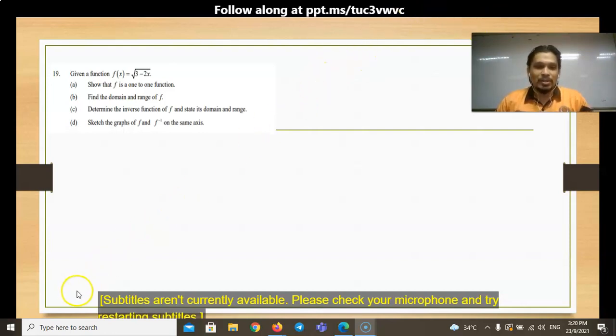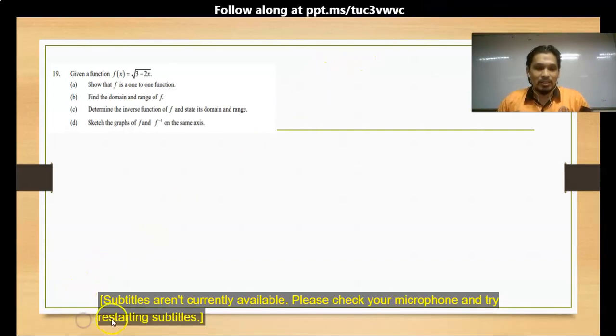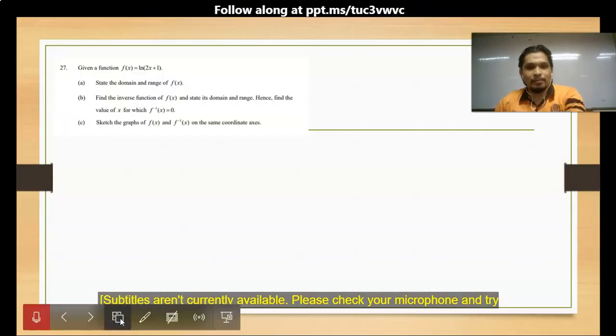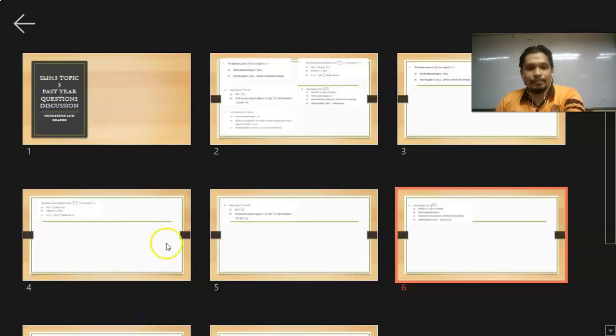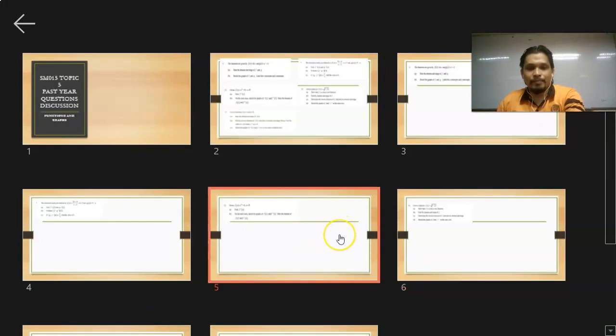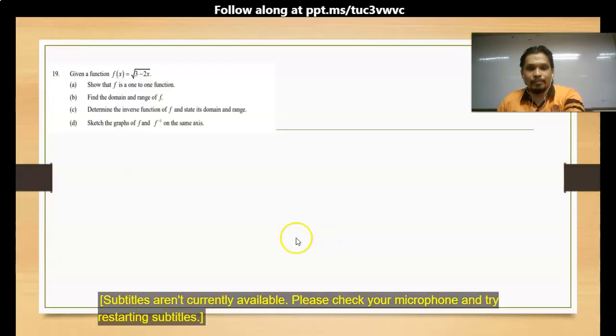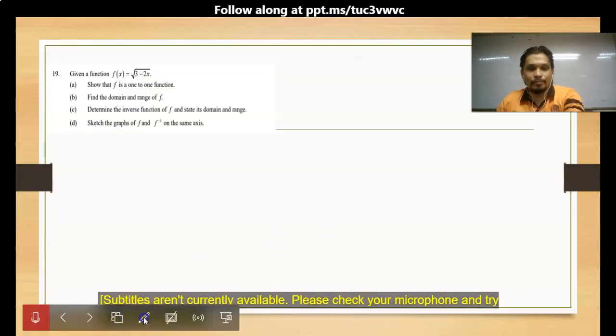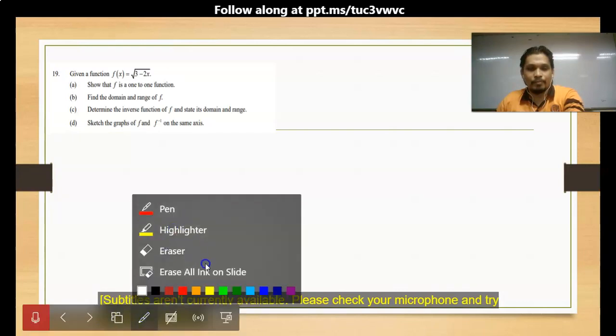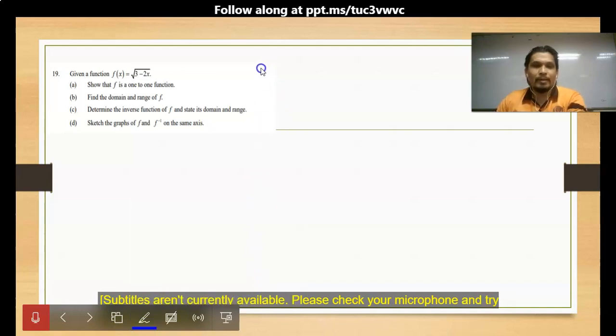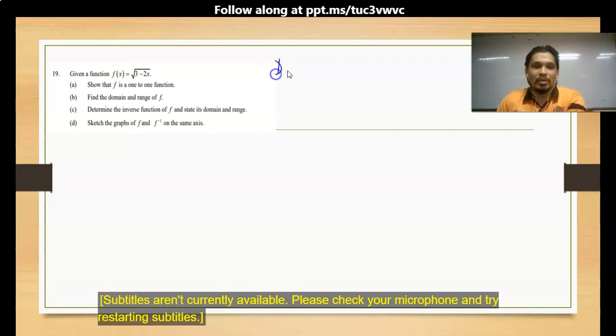Okay, for this one here, if I'm not mistaken, we agreed just now that the domain of this function f is negative infinity until 3 over 2.